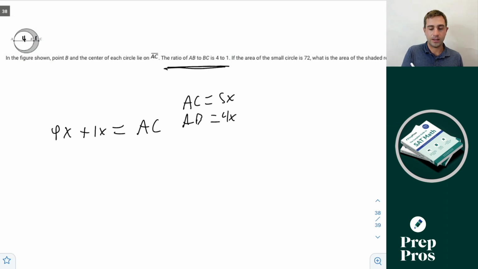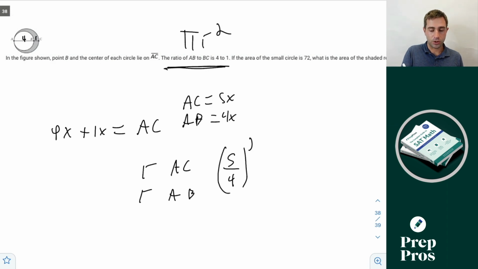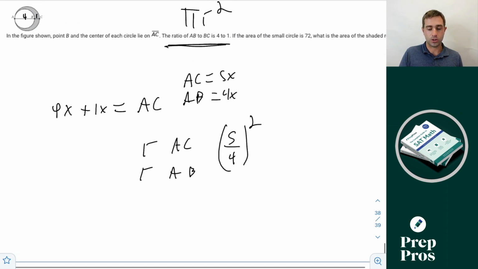So this is going to give us a ratio between these two circles, for their radiuses. So the radius of AC to the radius of AB is going to be in a ratio of 5 to 4. Now, if we're looking for the ratio of the areas of the circles, since the formula for a circle area is pi r squared, that means we're going to have to square this scaling factor to put it out to the area of the circles.